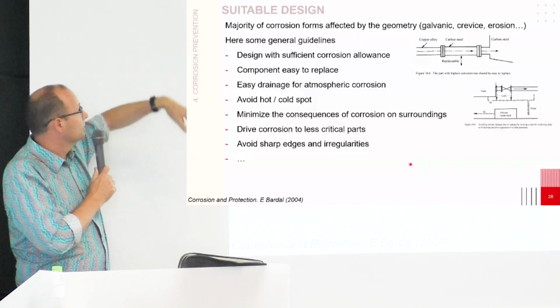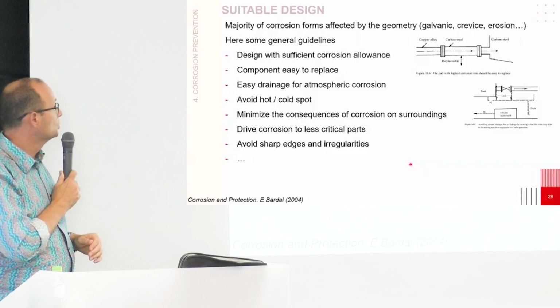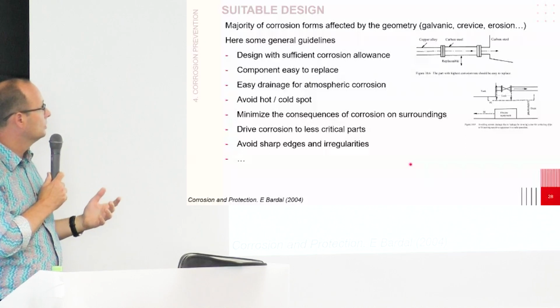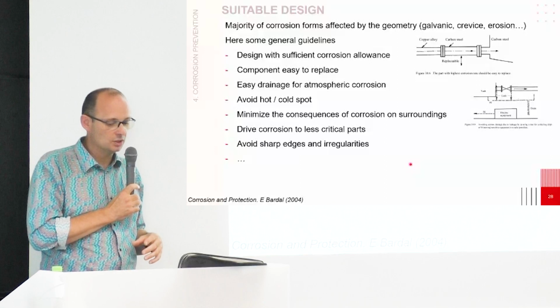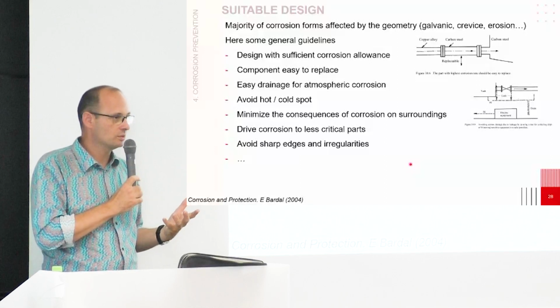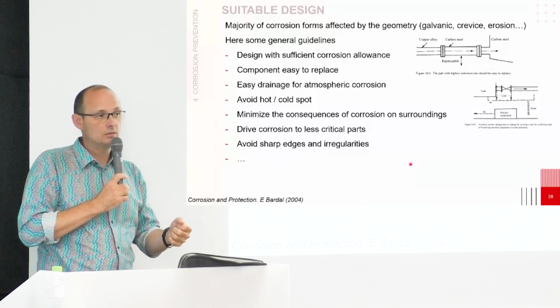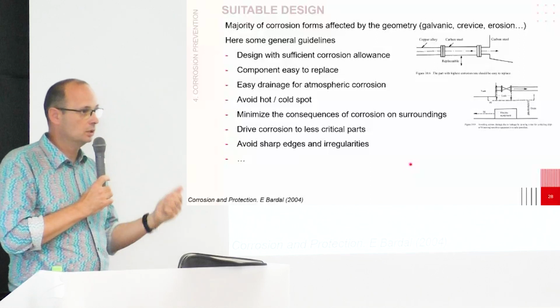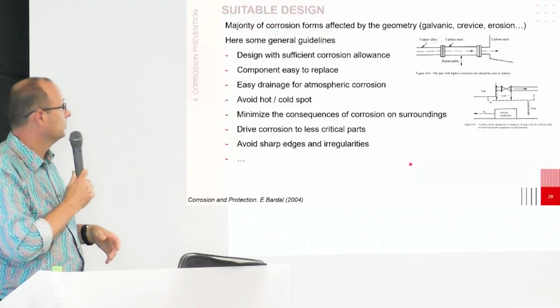Here is a general guideline that I took from a reference book. Is the design of the sample or the piece sufficient with a corrosion allowance? I know that in the infrastructure, the material will corrode. Is the thickness, for example, of the wall of the material enough?